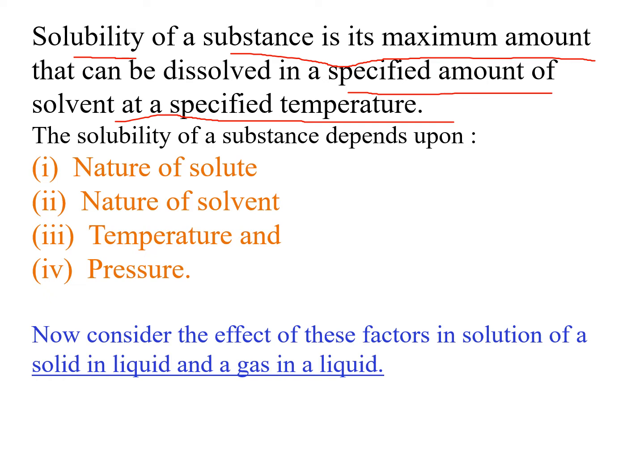It means for solubility, the amount of solute should be maximum, in a particular amount of solvent in which the solute gets dissolved, and for dissolving the solute in a solvent, the temperature should be specified. Only then can the solute properly dissolve in a solvent.